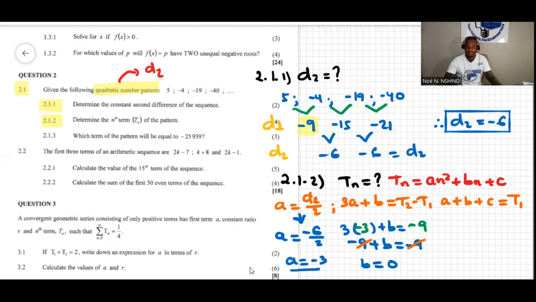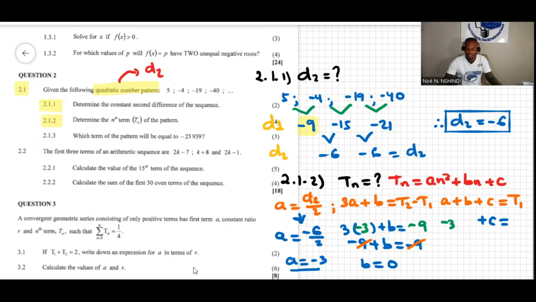And then it is said that a plus b plus c is equal to term 1. So over here, a has a value of -3, b is 0.